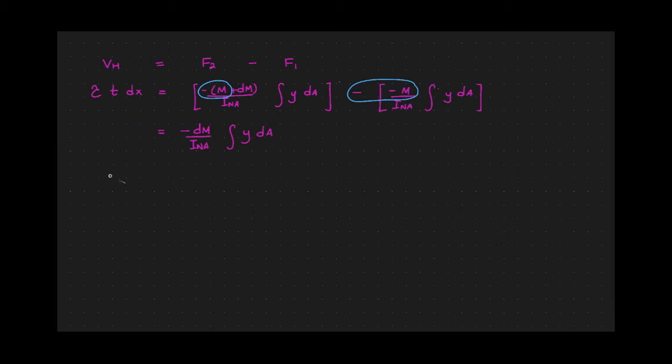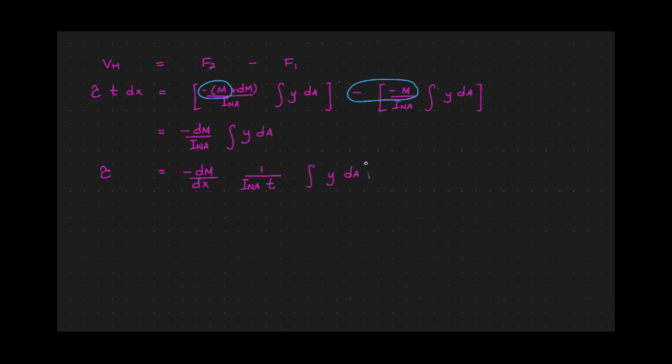I'd like to find the formula for the transverse shear stress in our beam, and I'd like to move dx to the right side of the equation, so I will have negative dM over dx, and I would like to move t also to the right side of the equation, so therefore I have 1 over I of the neutral axis times t, and I have the term integral of y dA.